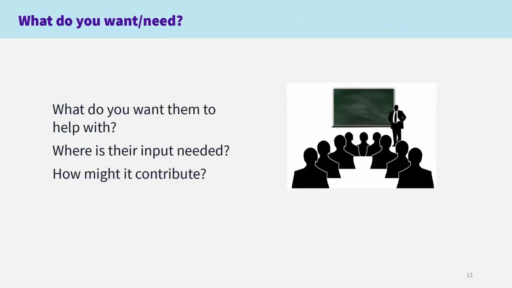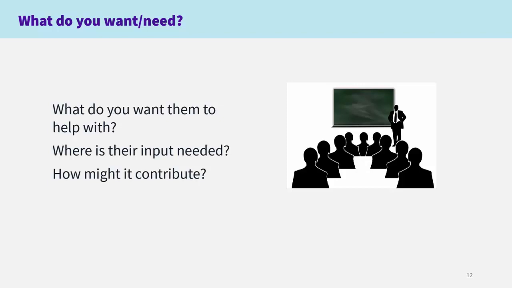I would really strongly encourage people to spend a bit of time thinking about what you actually want and what you actually need. So what do you want them to help you with within your literature review? If you can't think of anything that you want them to help you with, are you really needing the PPI group at that point in the process? Where is their input actually needed?